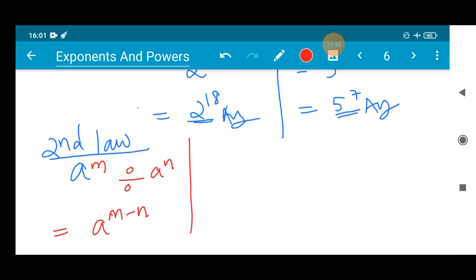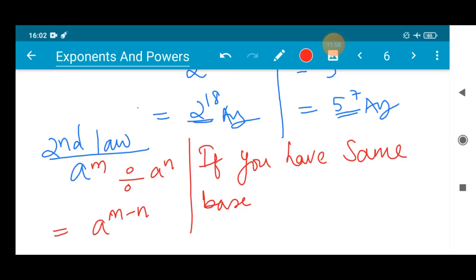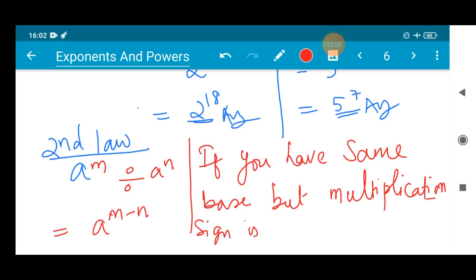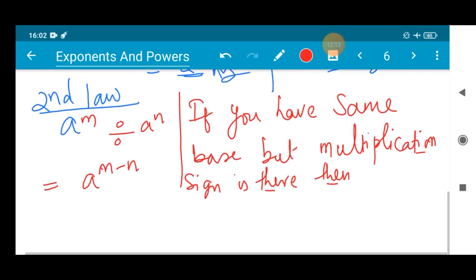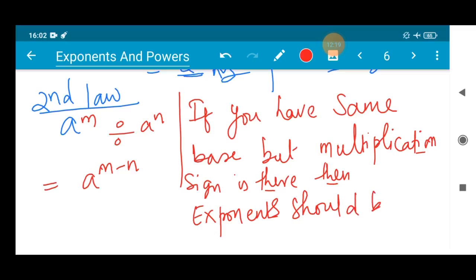Okay, so let me write the rule number 2 here. If you have the same base but a division sign is there, then exponents should be subtracted.